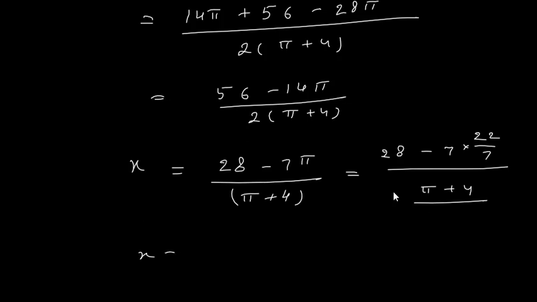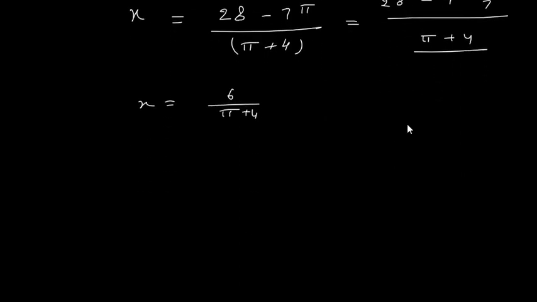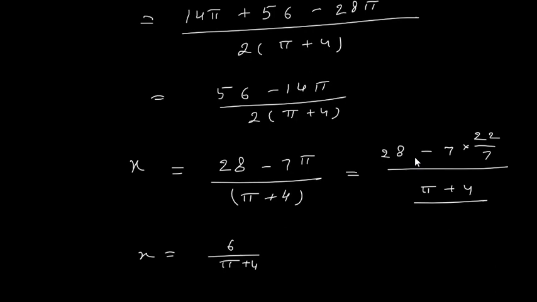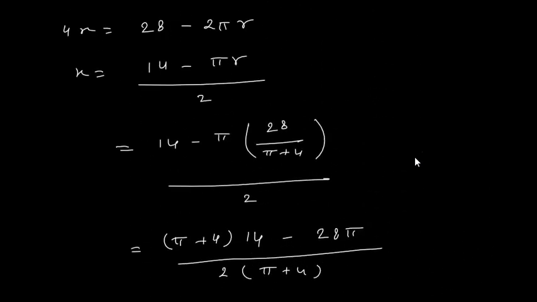So the value of x we got as 28 minus 22, which is 6 upon pi plus 4. So the value of 4x is 24 upon pi plus 4. Okay, let us again check whether I have done any mistake.